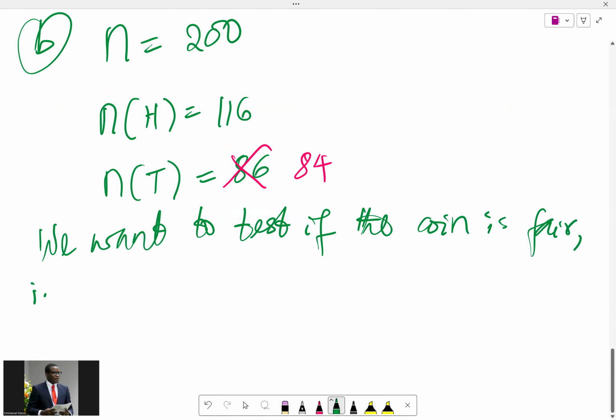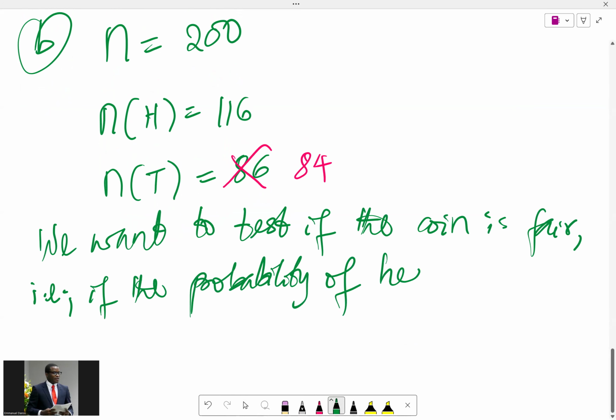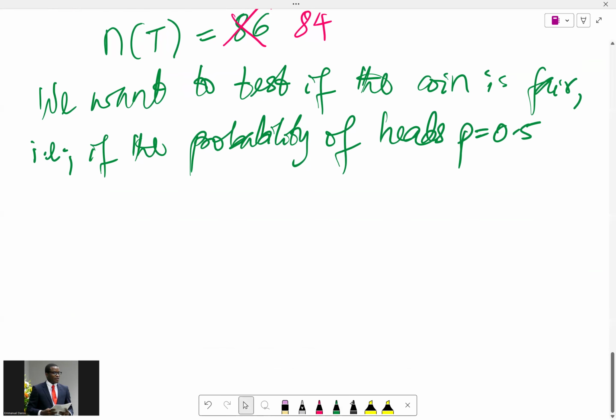That is, if the probability of heads is exactly 0.5. That's the test we need to do. So first step, step one.